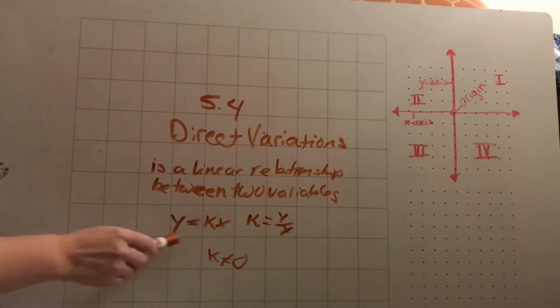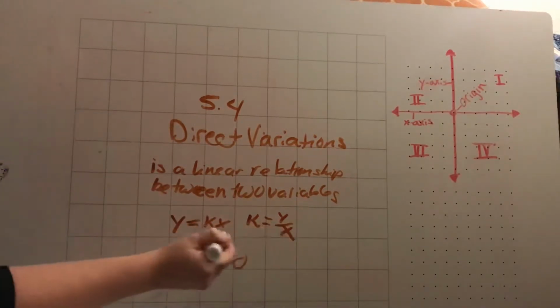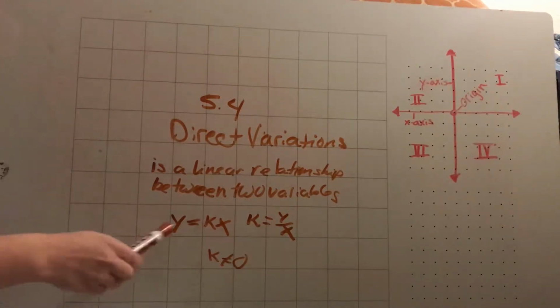And when you find an equation like this, y equals kx or k equals y over x, that is a direct variation. So this is going to be a linear relationship between two variables that is written in y equals kx.